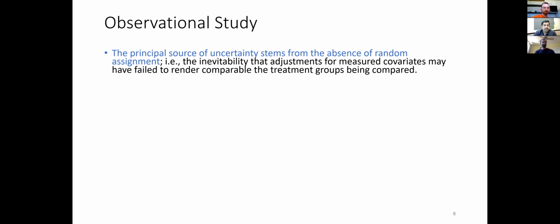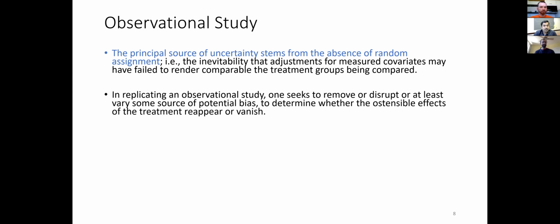That means it's inevitable that the adjustment for the observed, the measured, covariates may have failed to render comparable the treatment groups being compared. If that happens, then in replicating an observational study, we need to remove or disrupt or at least vary this bias. And that would help us to determine whether the ostensible effects of the treatment reappear or vanish.